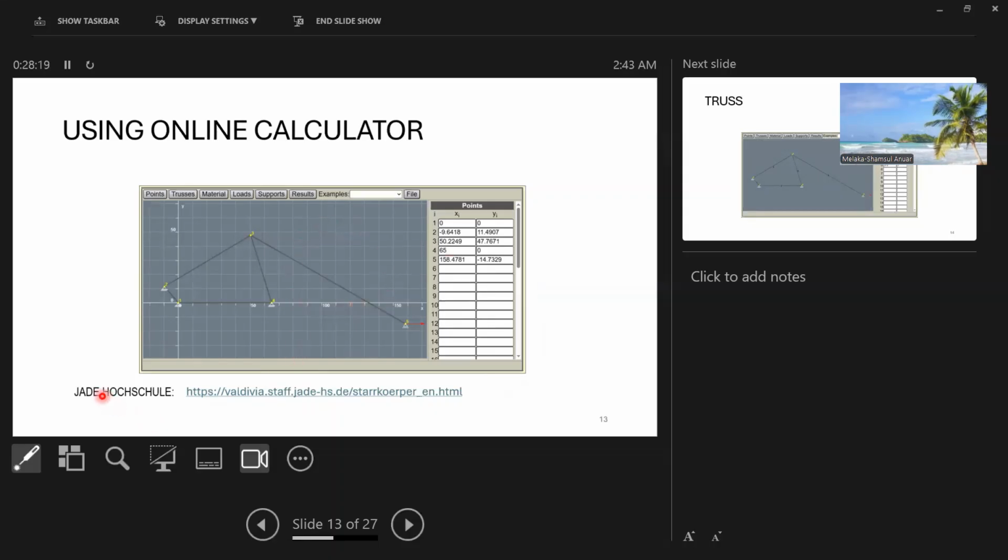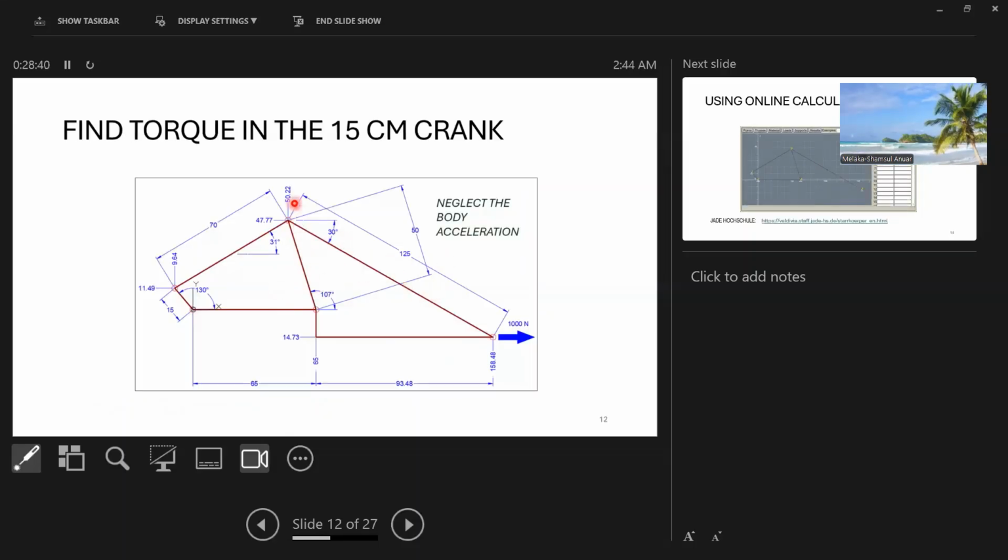So if you use this truss analysis program, you can build this thing. The points, the coordinates, you can get from using CAD.